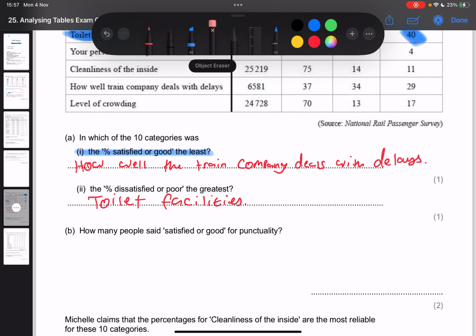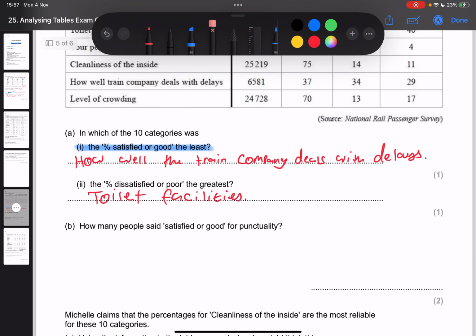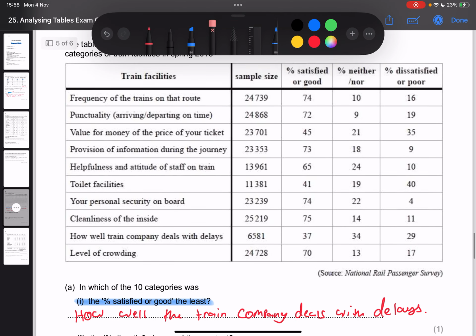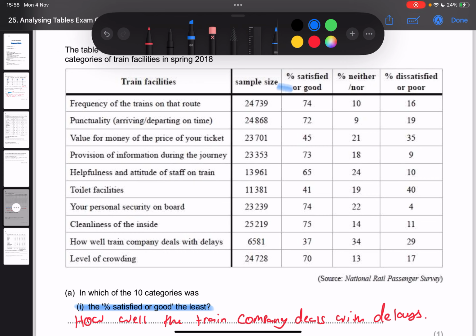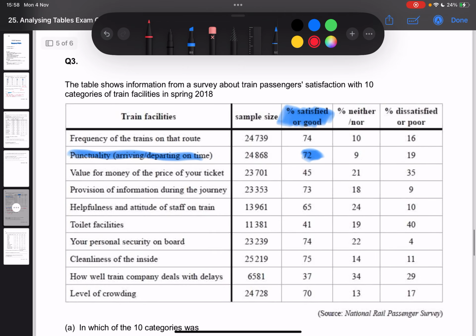How many people said satisfied or good for punctuality? So satisfied or good for punctuality. So it's 72% of, and then the sample size was 24,868.